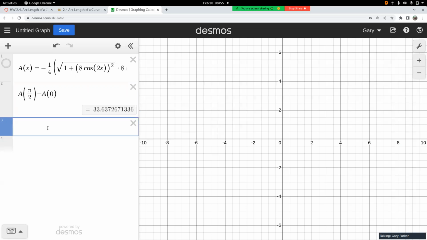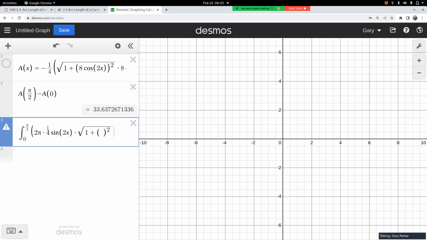I'm going to check my integral from 0 to pi over 2 of parentheses 2 pi times my original function, which was 4 times the sine of 2x. And then that is times the square root of 1 plus the square of the derivative of that function.